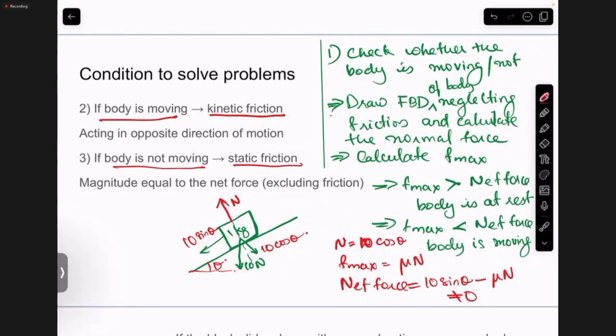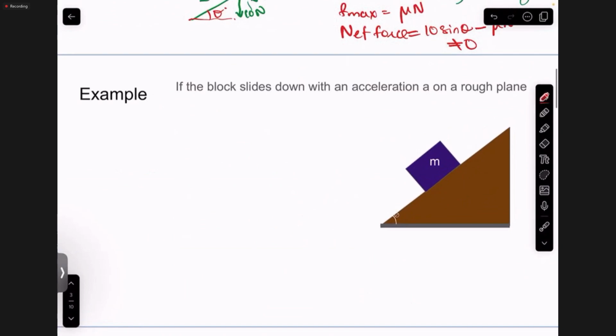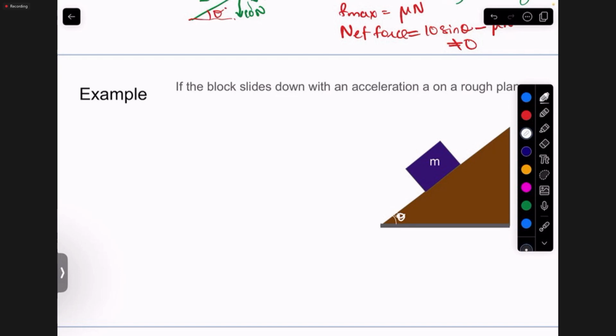Now we will see one problem. This is the angle here. So there is a block over an inclined plane. We are taking this inclined plane having a rough surface with mu as the coefficient of friction.